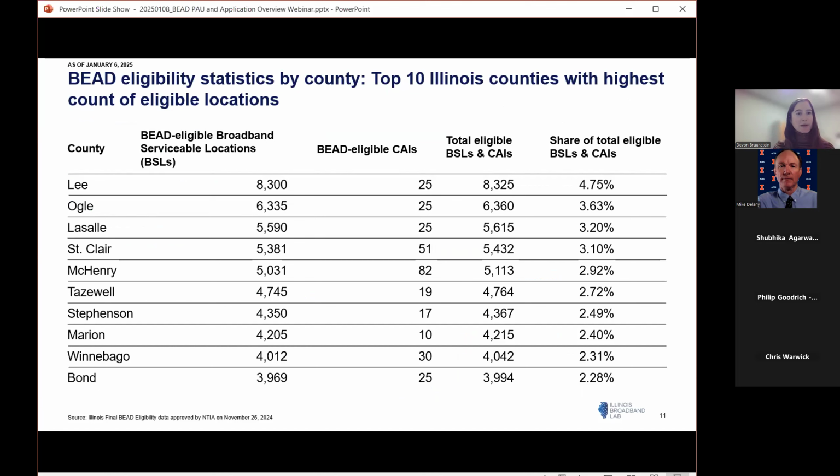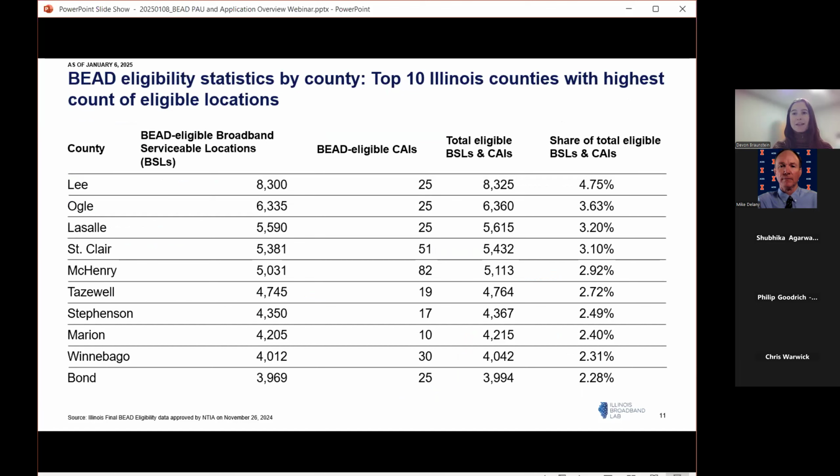We ran some numbers since our last webinar on where these eligible locations are located and have a full count, but I thought it might be interesting for folks to see this breakdown of where there are the most eligible locations by county. So you can see here, Lee, Ogle, LaSalle, St. Clair have the highest count of eligible BSLs, broadband serviceable locations.